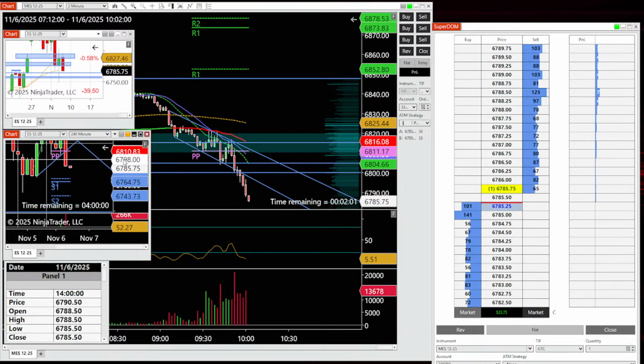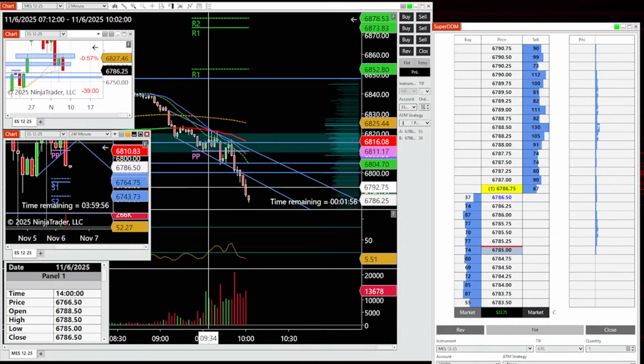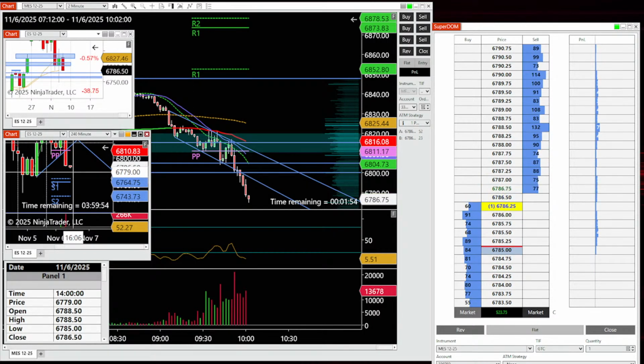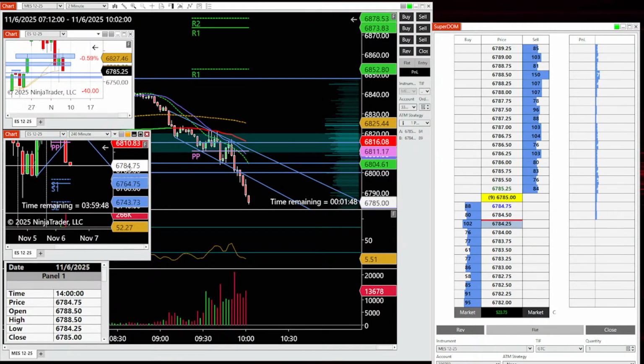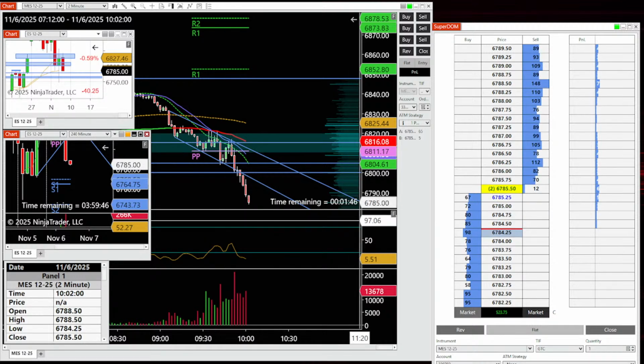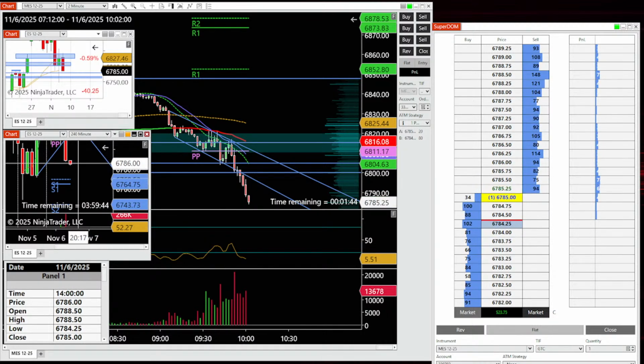And there it is. High is 88. Do we go up or do we go lower? Low is 85. I don't want to take the first break of the low because it could test it and then bounce. It could shake right here in the beginning.